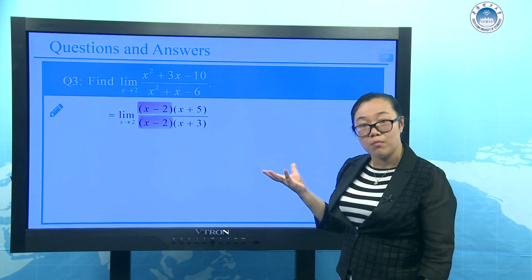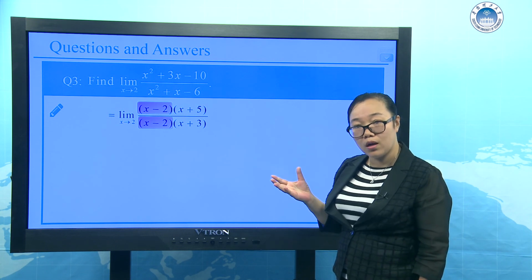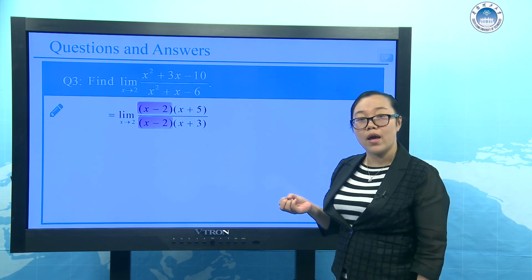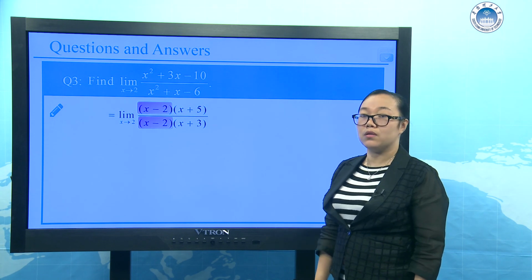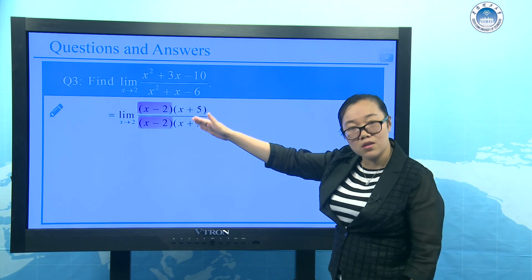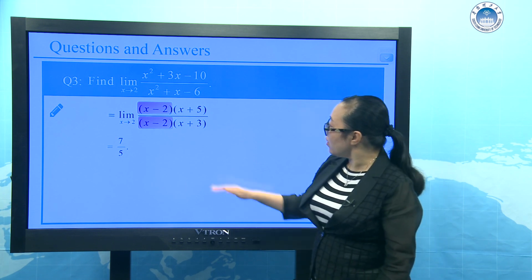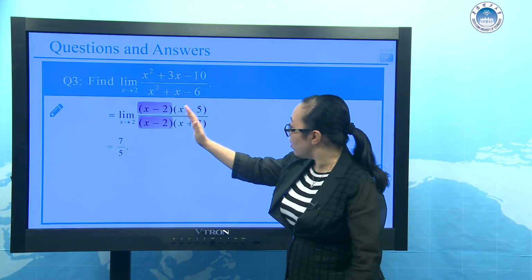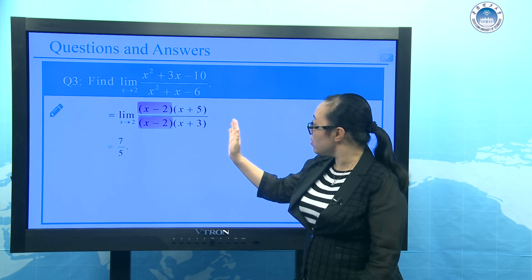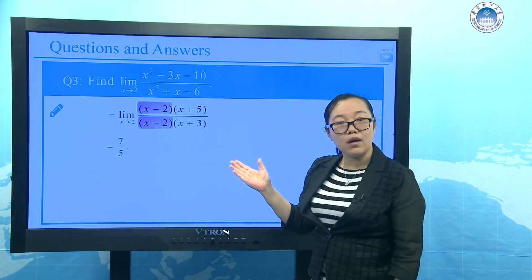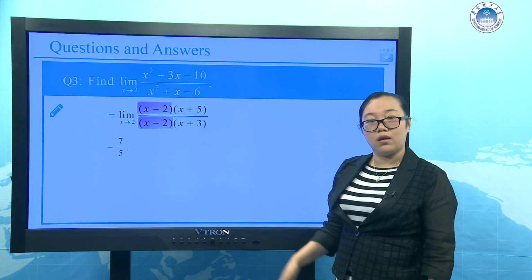We have the same expression. We don't care about the values of x. The same expression, meaning the same factor, we can delete. So the original limit equals 2 plus 5 equals 7, and 2 plus 3 equals 5. Together, 7 over 5.